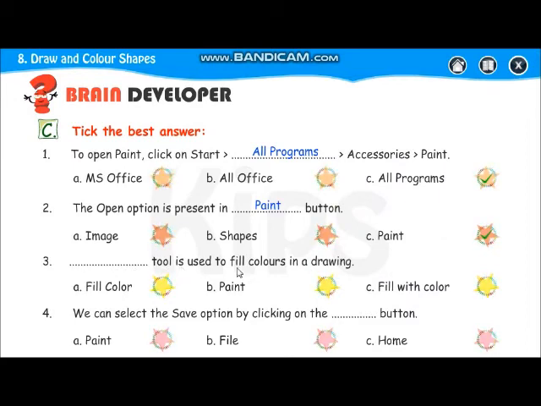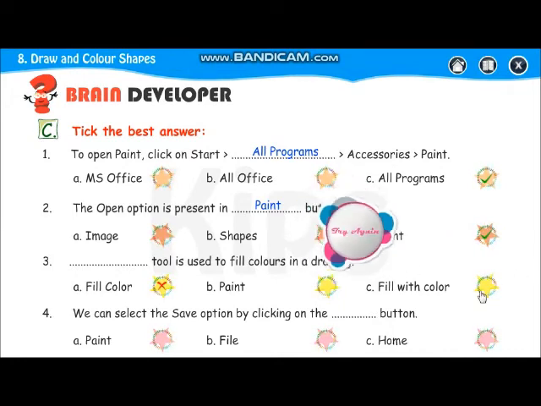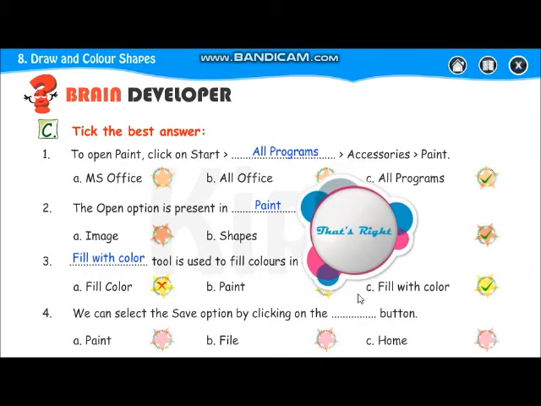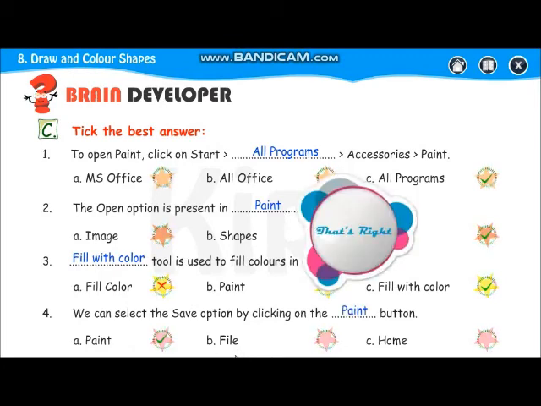The dash tool is used to fill colors in a drawing. Fill with color. Okay, it's your fill with color. The second option is also given, fill with color. We can select the save option by clicking on the paint button.